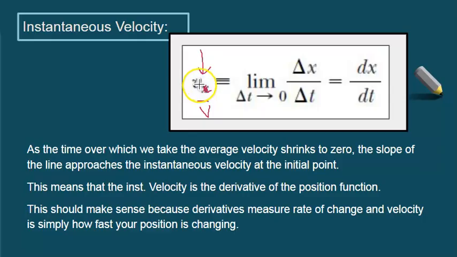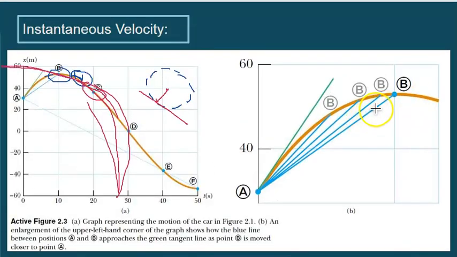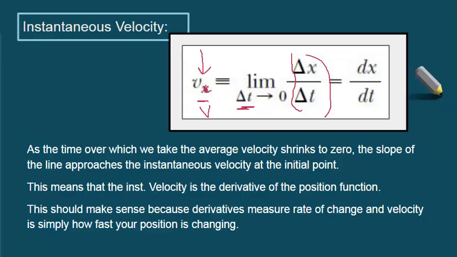So the instantaneous velocity is that average velocity in the limit that the time interval goes to 0. That's what we were doing up here, shrinking that time interval. So in the limit that time goes to 0, we're going to say that's a useful concept. I'm going to call that velocity.